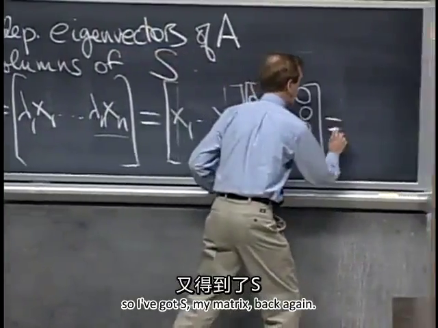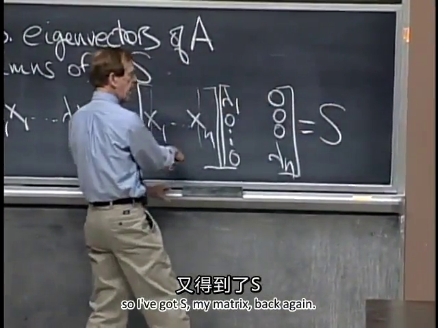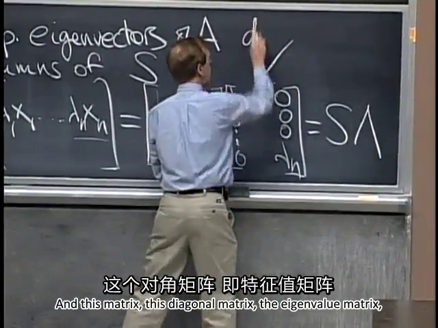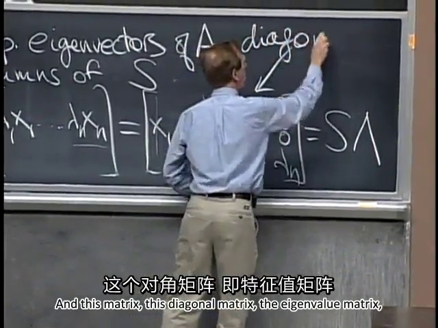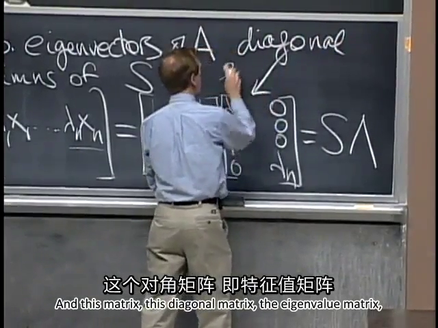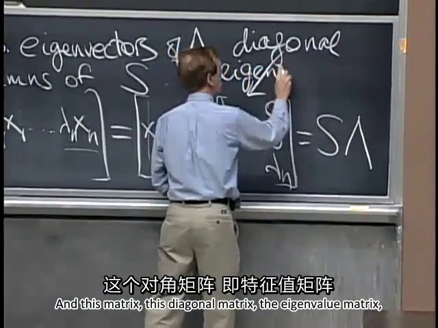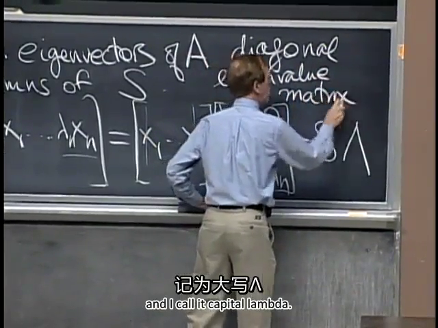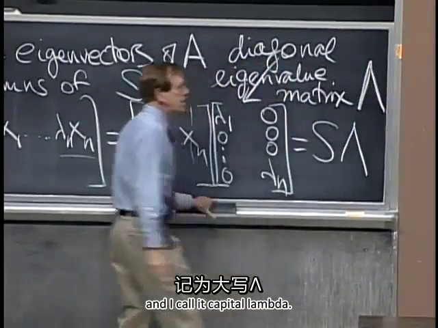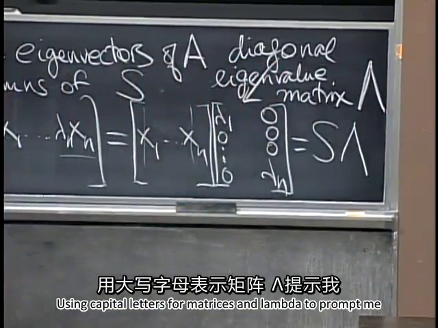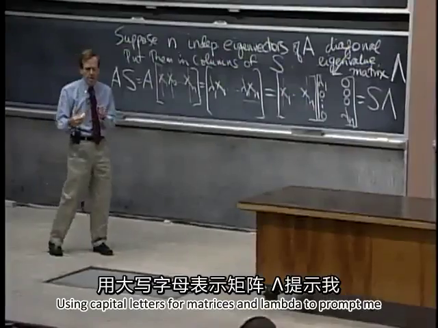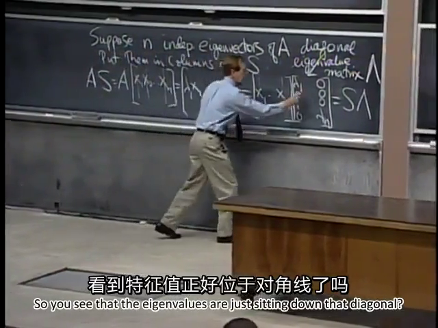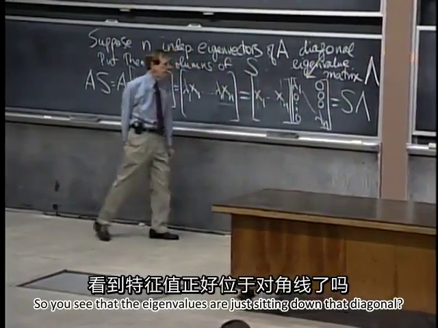So I've got S, my matrix, back again, and this diagonal matrix, the eigenvalue matrix, I call it capital Lambda, using capital letters for matrices, and lambda to remind me that it's eigenvalues that are in there. So you see that the eigenvalues are just sitting down that diagonal.